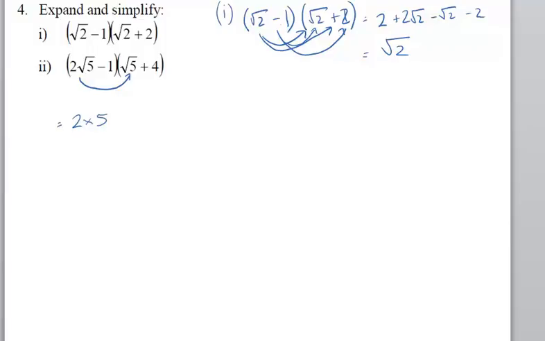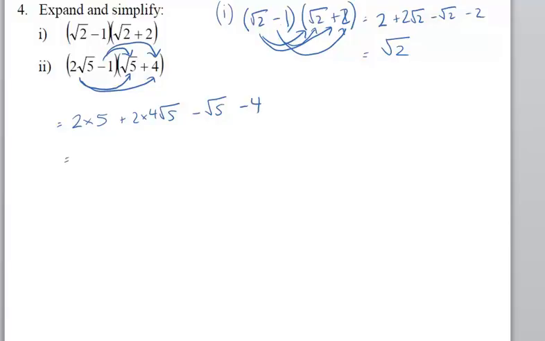So here, multiplying by our second term. So here we've got, it's going to be positive, they're both positive, 2 times 4, and we have square root of 5 there. Our second term, we have negative 1 multiplied by square root of 5 gives us negative square root of 5. Negative 1 times 4 gives us negative 4 there.